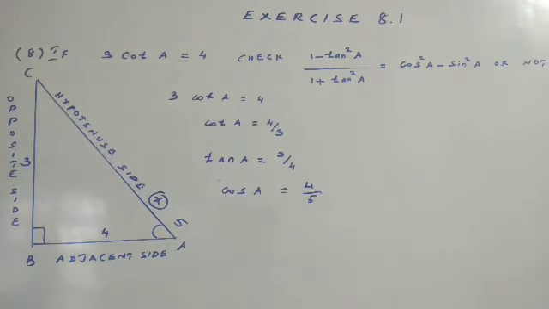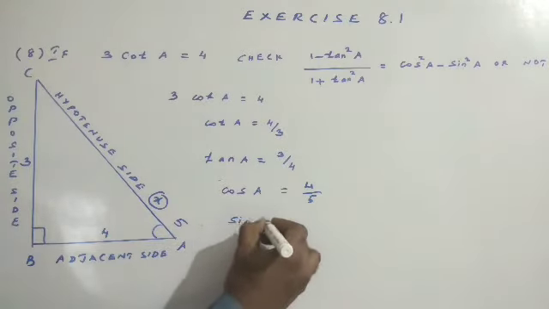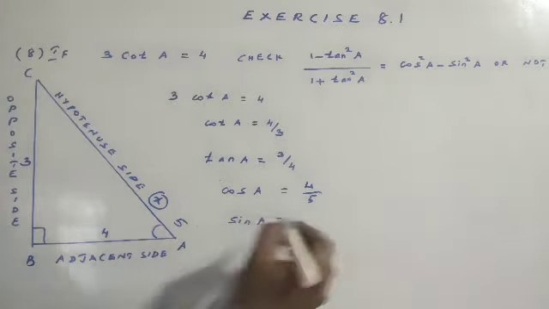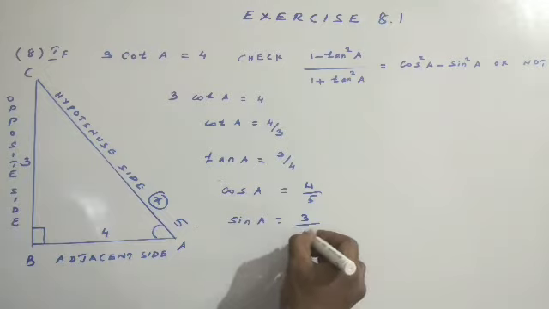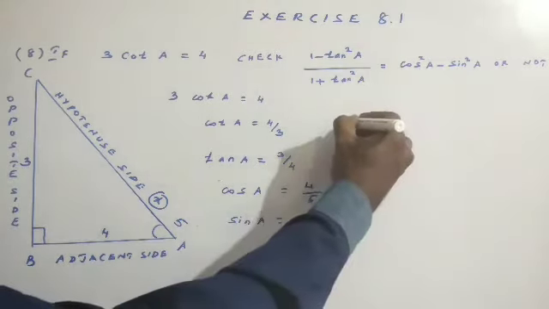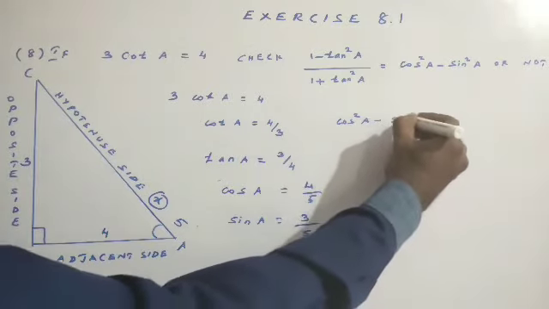Like that sin A, sin theta means opposite side by hypotenuse side. Here the opposite side is BC, that is 3. Hypotenuse value is 5. Now they are asking cos square A minus sin square A.